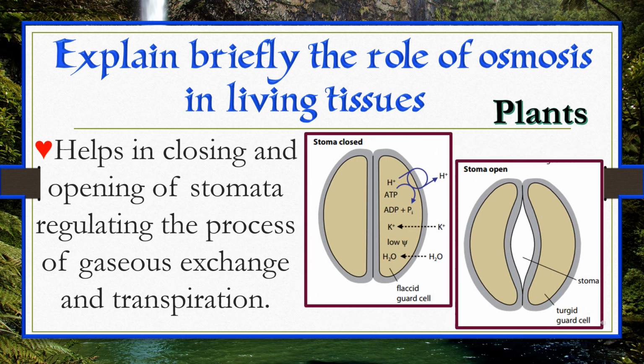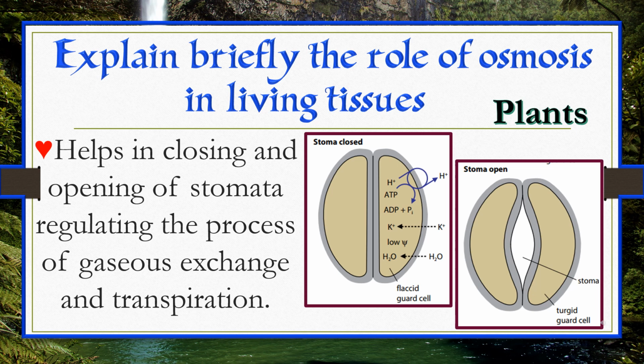Osmosis also helps in the closing and opening of the stomata, thus regulating the process of gaseous exchange and transpiration. Of course, the stomata will close when there is little water in the guard cells.